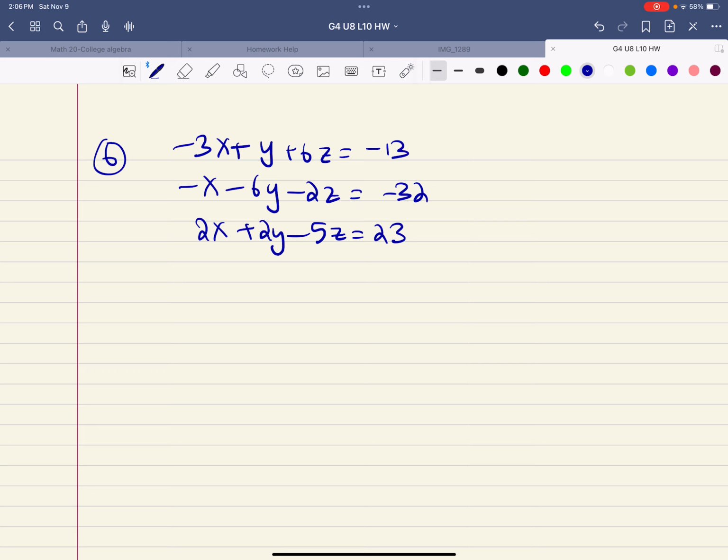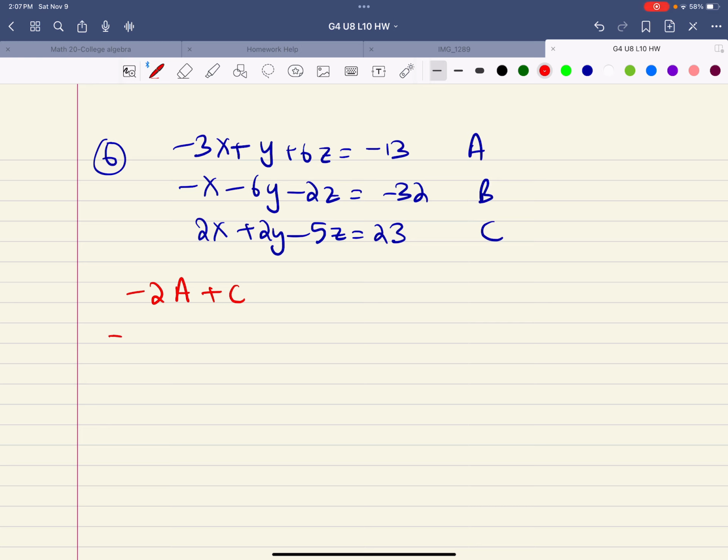All right, so for this problem, it doesn't matter which variable we get rid of. It's equally hard, I think, in every single case. But I'm thinking about getting rid of the y's, so I can get down to two equations that are in x and z only. So I'm going to multiply the first equation with negative 2 and then add it to the third equation.